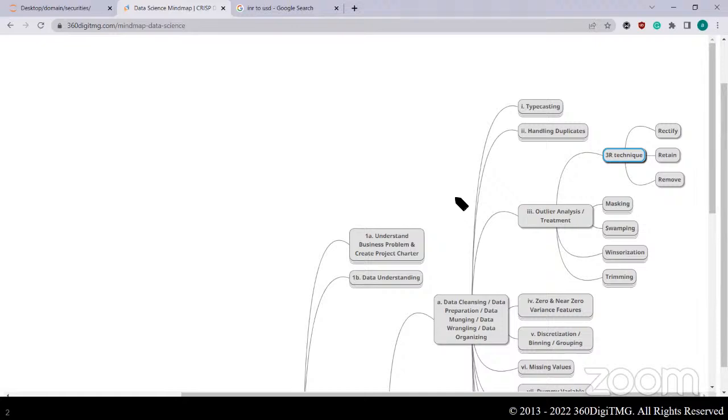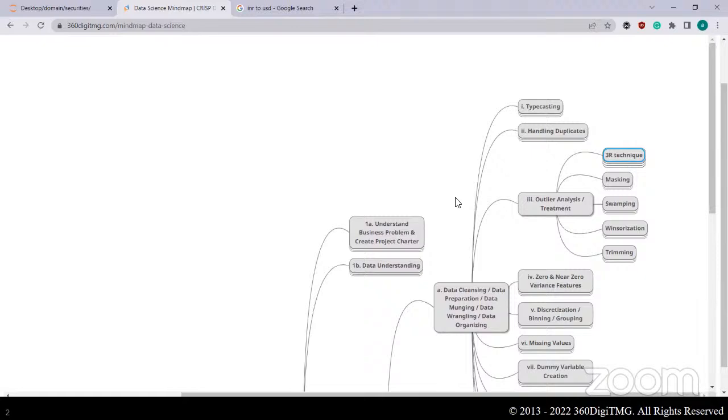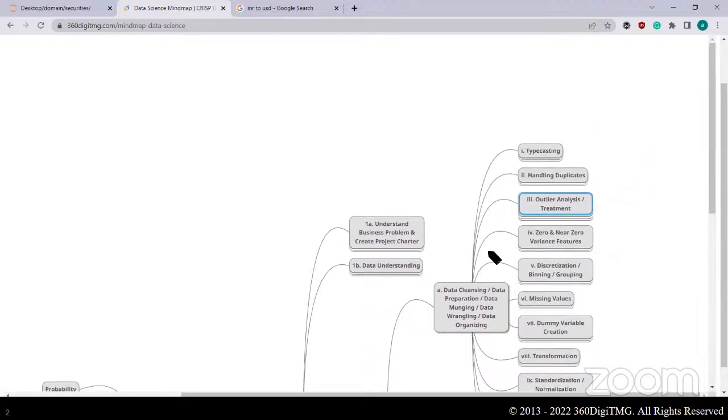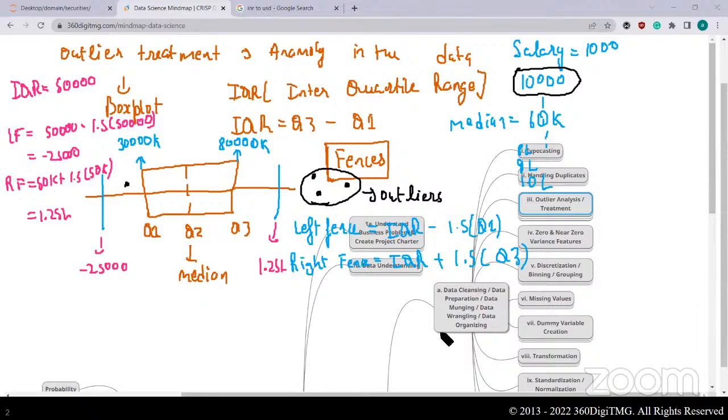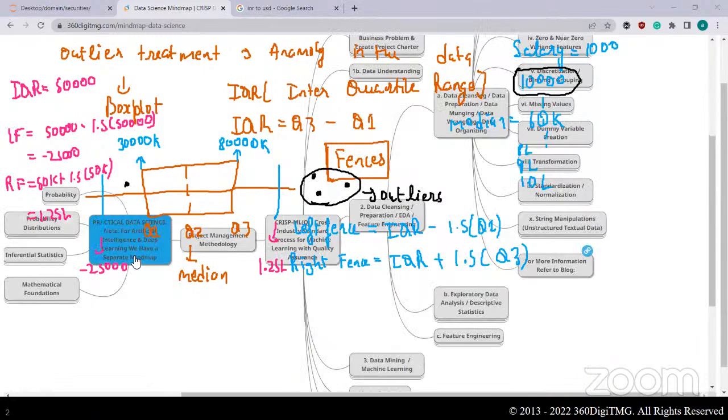There might be a scenario where the client you're working with says that I don't care that we have outliers, we can retain them. And then finally, you can also remove these outliers. That means you simply get rid of them.